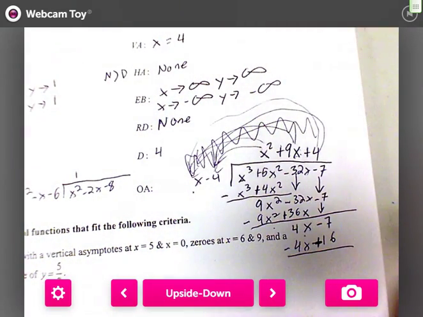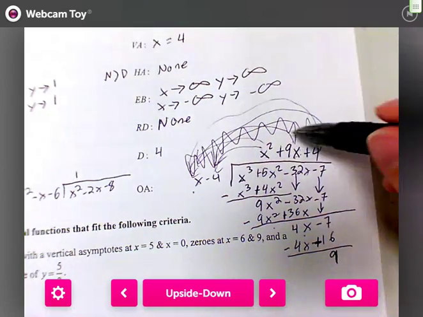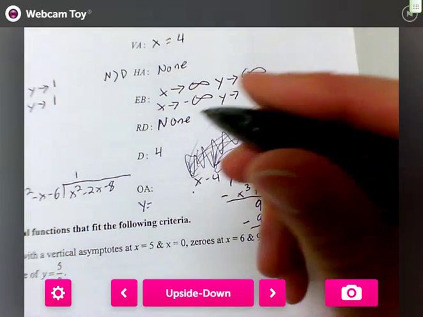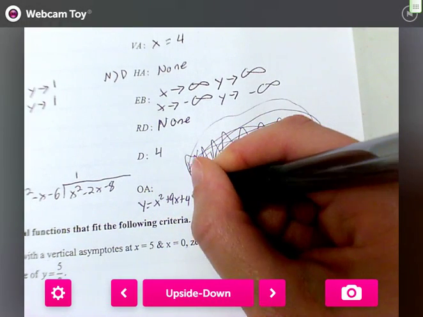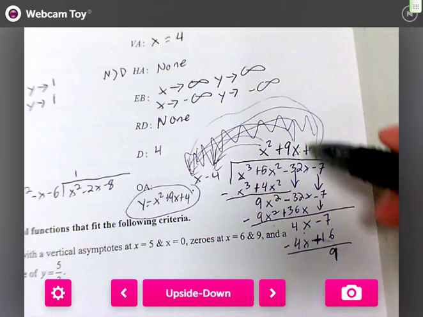So 16 and negative 7 gives us 9, right? But we don't need to worry about a remainder, right? We just say y equals x squared plus 9x plus 4. That's my oblique asymptote, and I'm done. Because x times nothing will give me just 9.